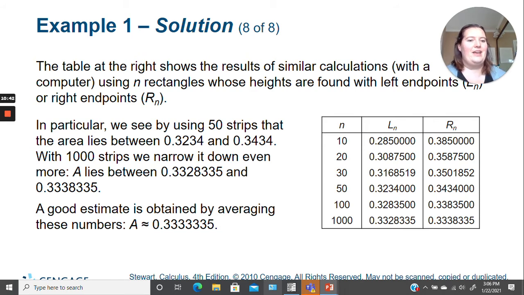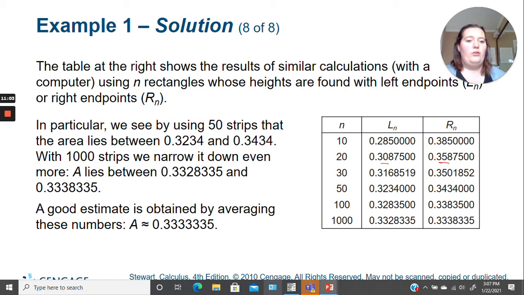If I did 10 rectangles, the left hand was 0.285, the right hand value was 0.385. You would not want to do that by hand, right? 10 is kind of a lot. If I did 20, now the left hand is 0.309 and then 0.359.